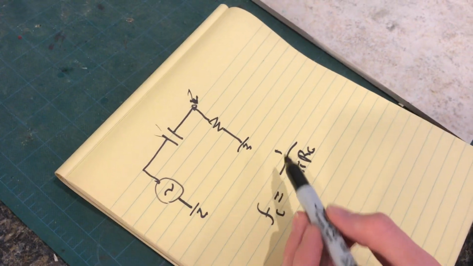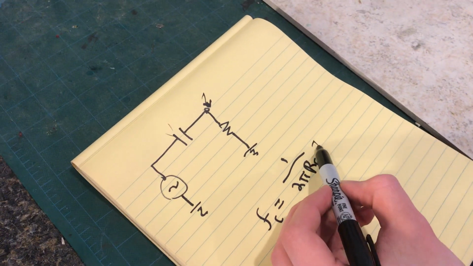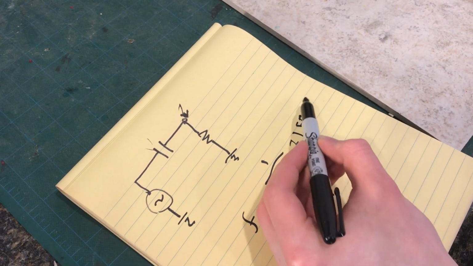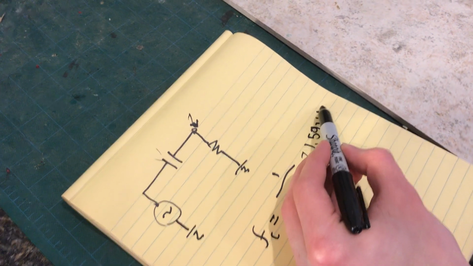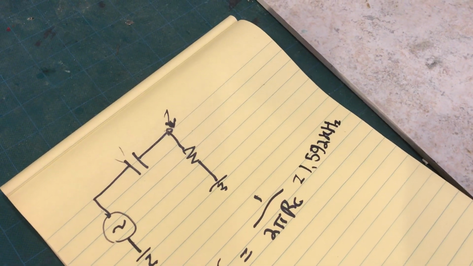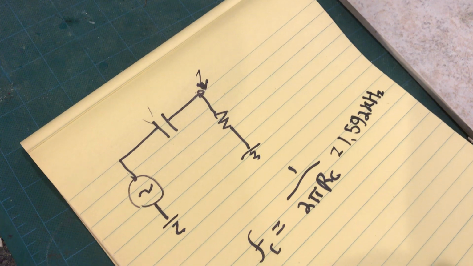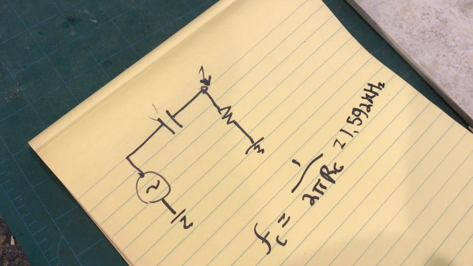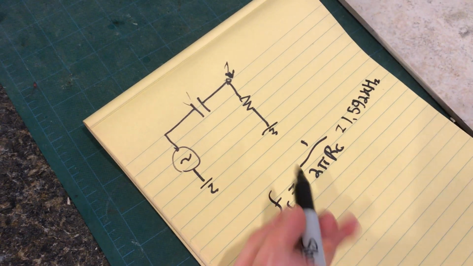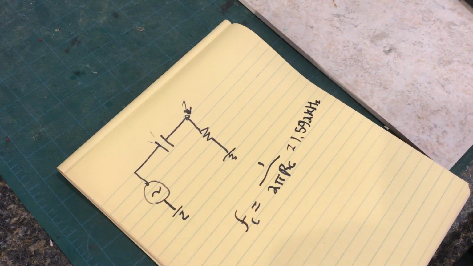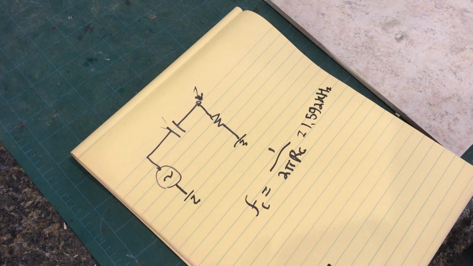Okay, so for the last one, it came out to be 1.592 kilohertz, which interestingly was the same value as the capacitive reactance, just because of the values I selected. Won't happen every time. And that's what it'll be for this one, because R and C haven't changed, just their order in the circuit.